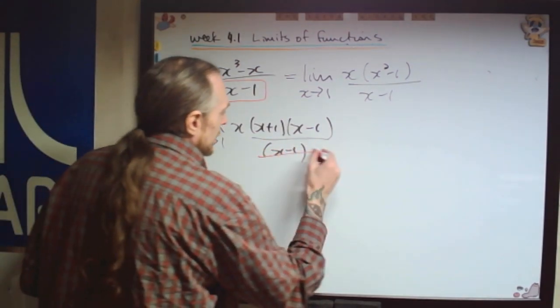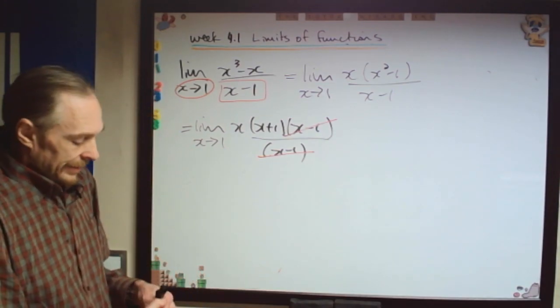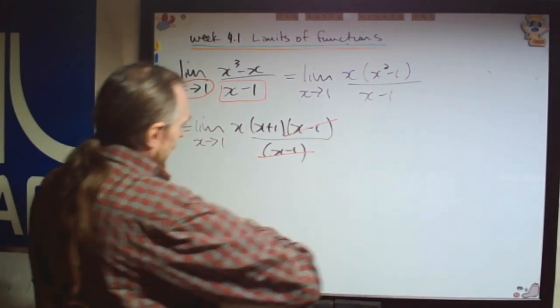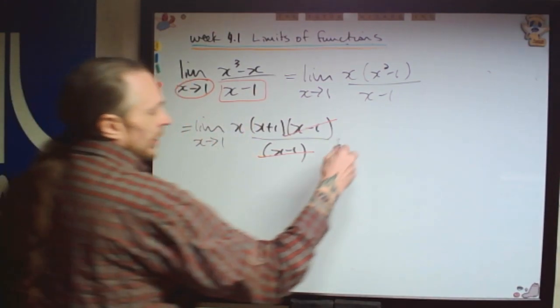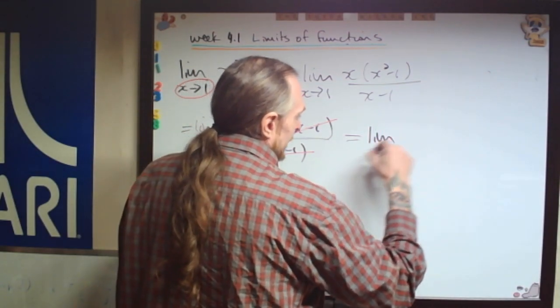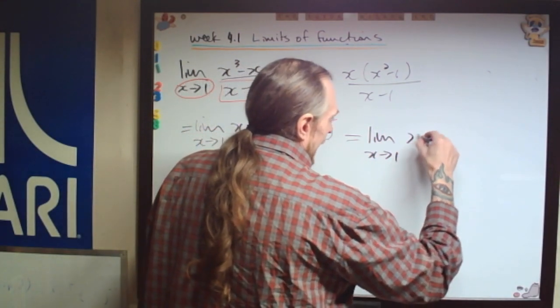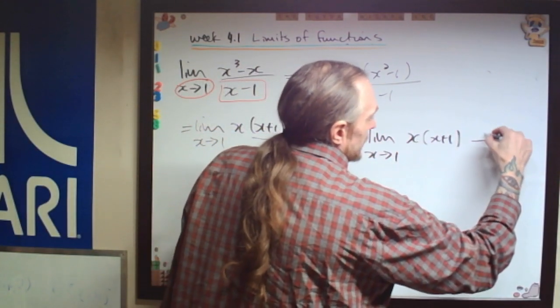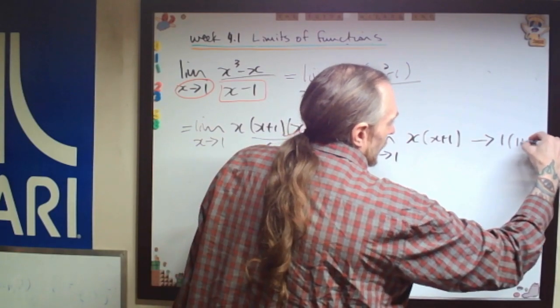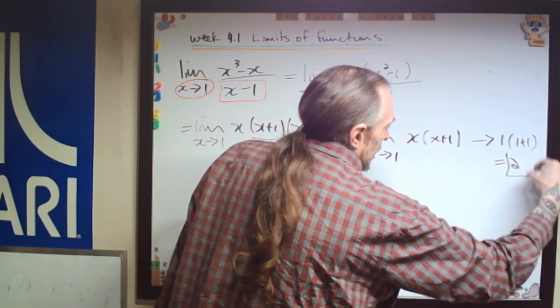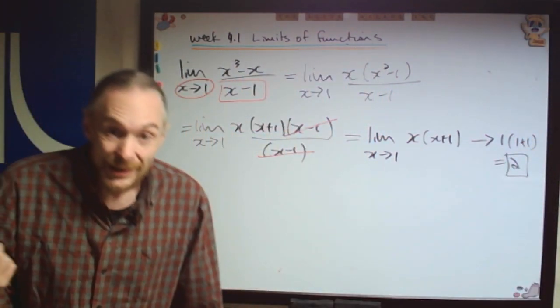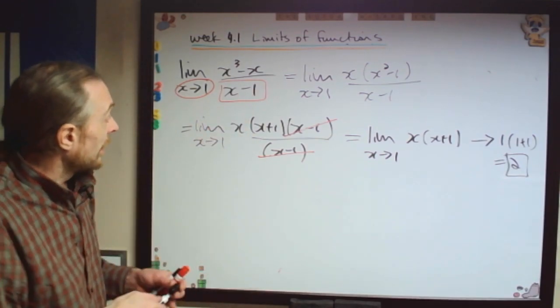This cancels. And now that we have just a polynomial and we don't have a problem, we can put the value in. This is the limit as x approaches 1 of x times x plus 1. So this is going to go to 1 times 1 plus 1, which is 2. So this is the finite limit 2 at the finite value 1.